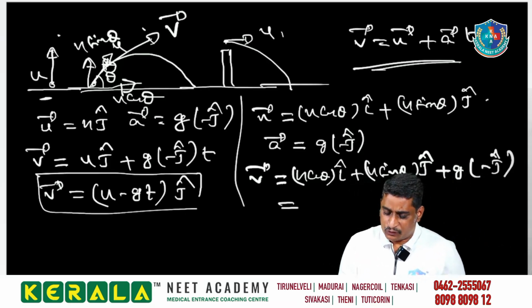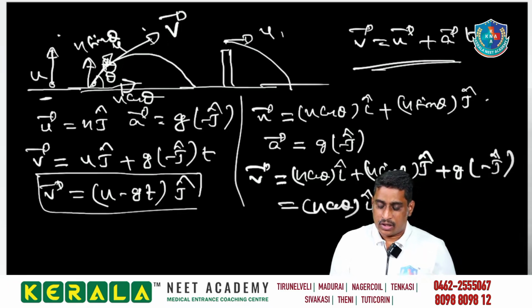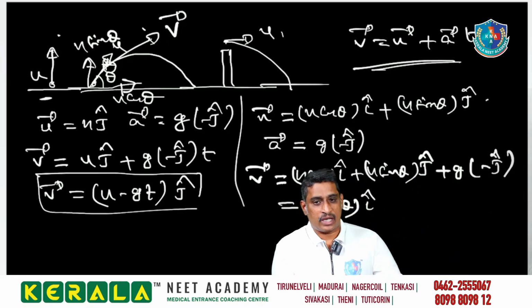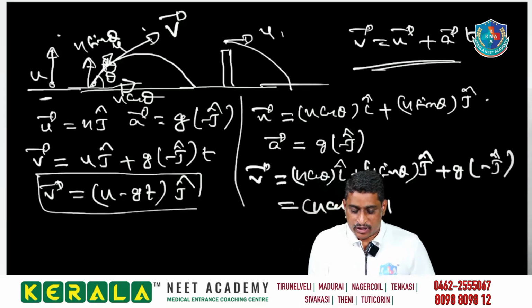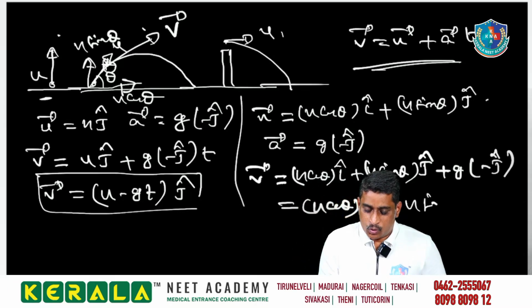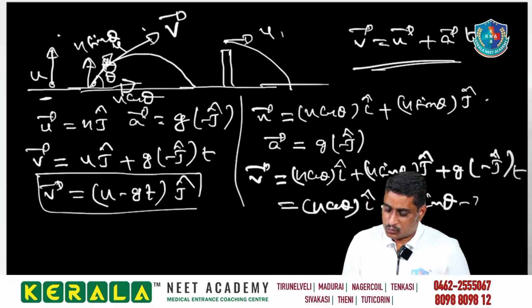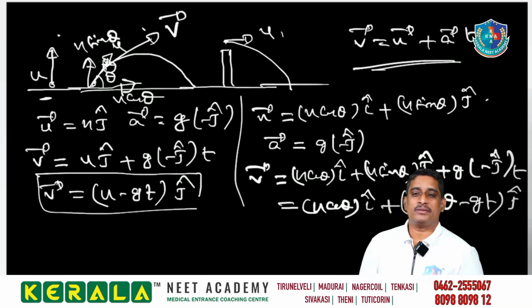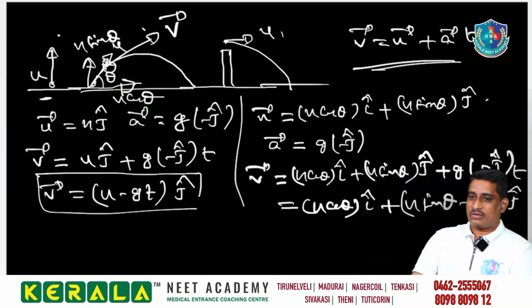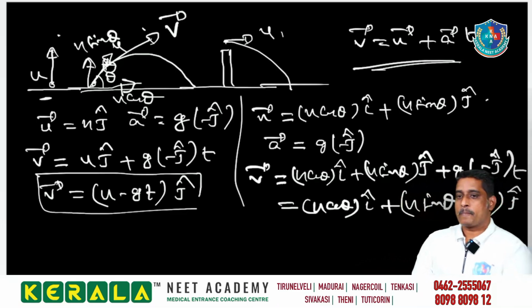By rearranging these factors, we can write it as u cos theta i cap plus (u sin theta minus gt) j cap. So from this equation it is very clear.